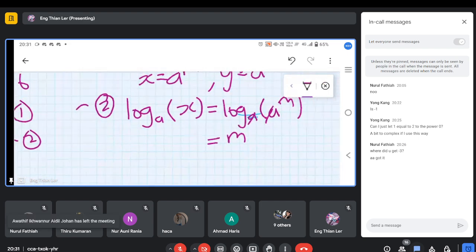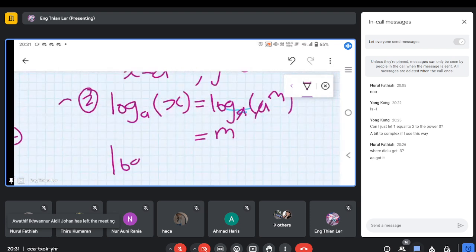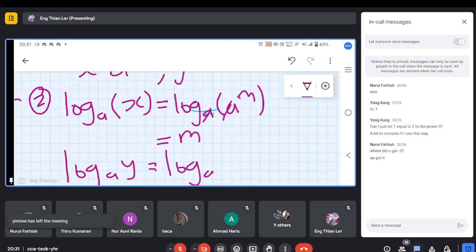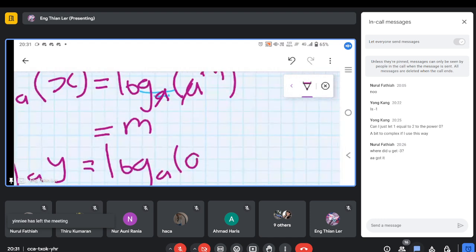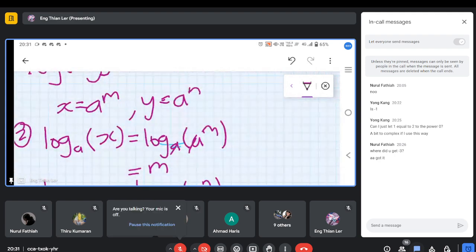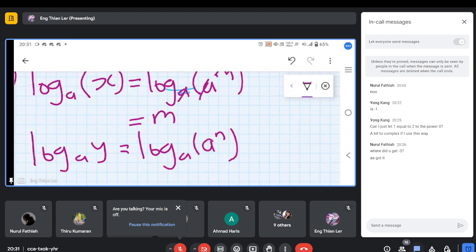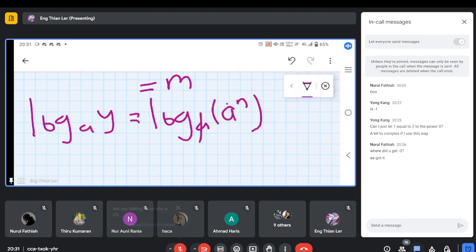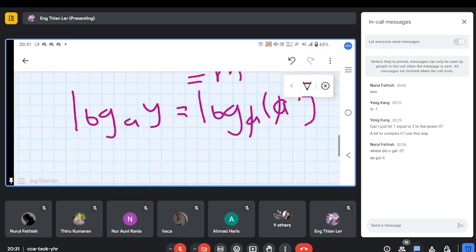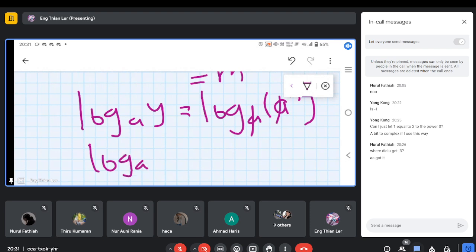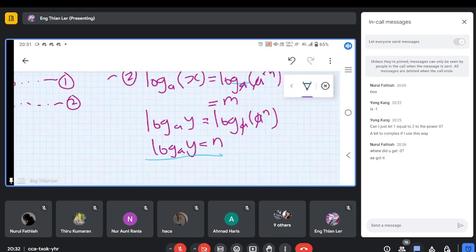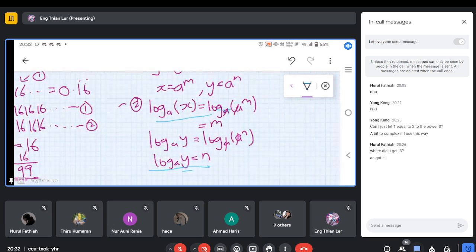Now do this: log a y equals log base a of a to the power n. Same thing, this and that cancel, and log a y will just become n.